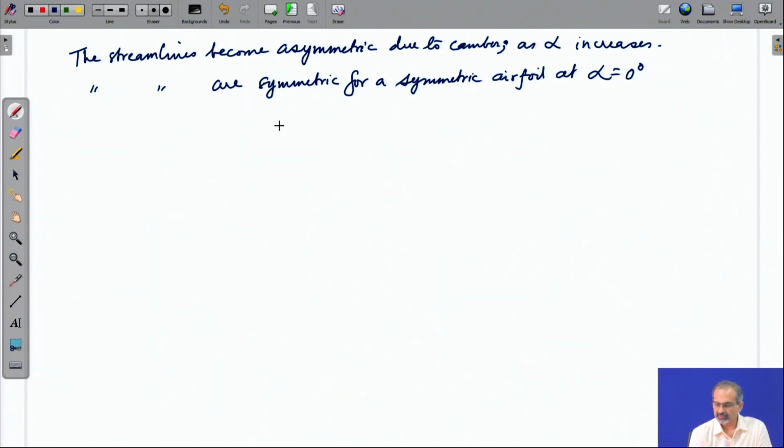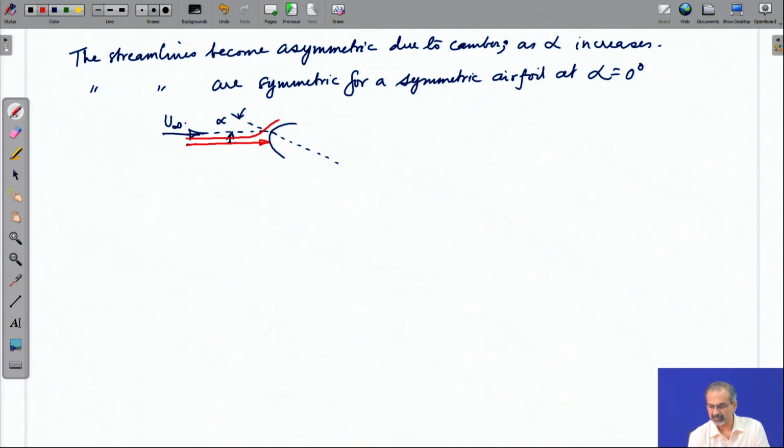Why we said that with increase in angle of attack, the stagnation point may move to the lower side is because with increase in angle of attack, the free stream velocity approaches the body like this, and the stagnation streamline basically meets the body somewhere here.